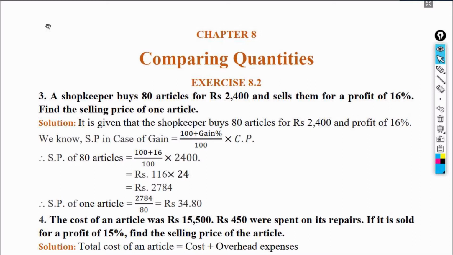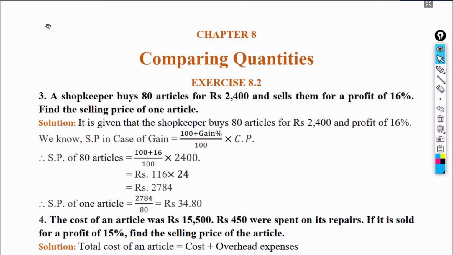Here it is given, cost price for 80 articles is rupees 2400, and the profit is 16%. Now, we know the formula for gain: SP, selling price in case of gain, is equal to (100 plus gain percent) divided by 100 into CP.